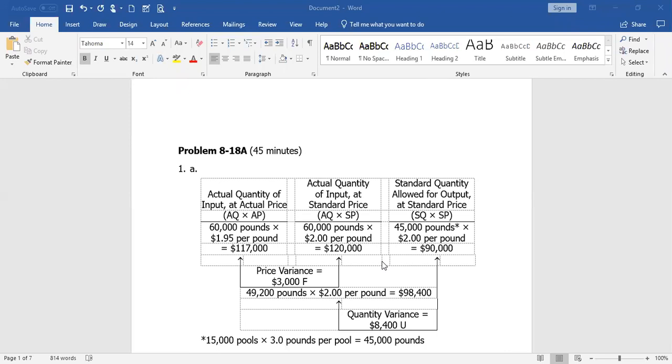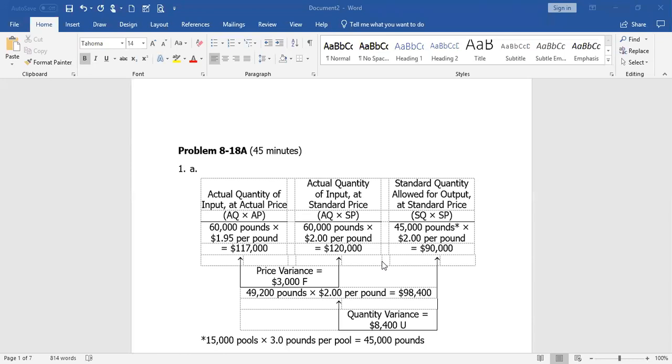So the standard quantity should be 45,000 pounds times the standard price. Now, the flexible budget was 120,000. The planning budget is 90,000. A $30,000 difference there, between the 120 and the 90.